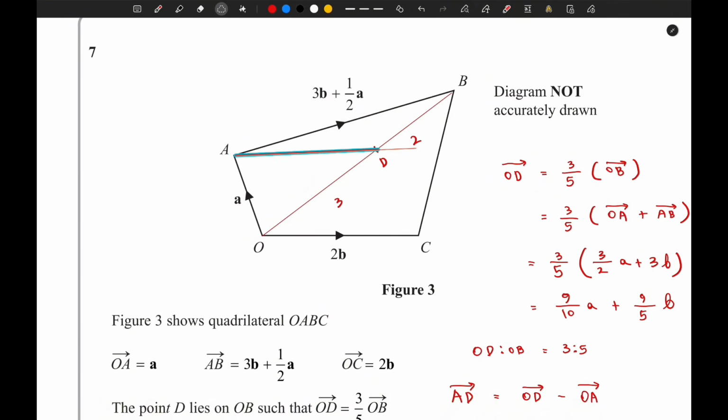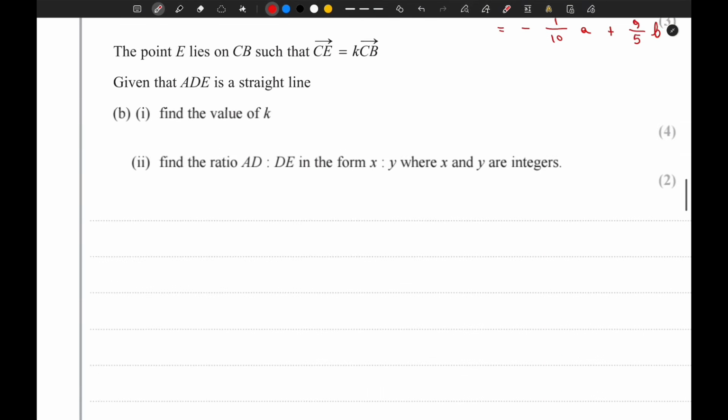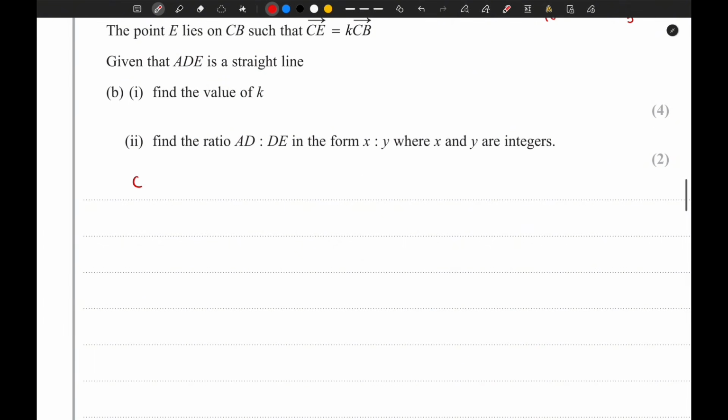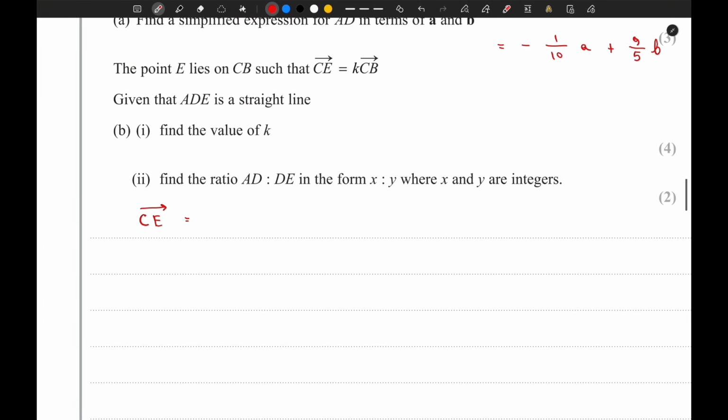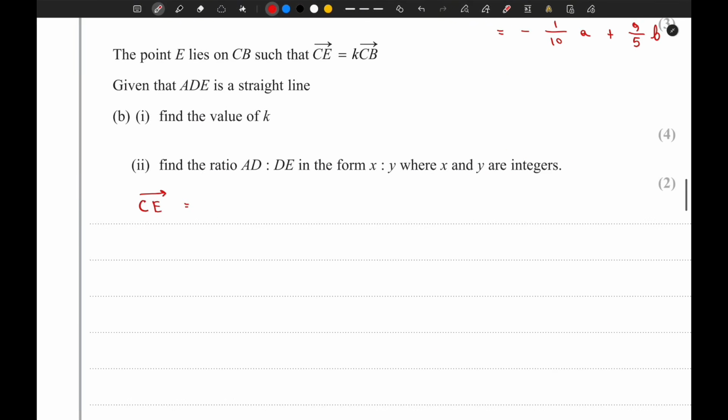The line will look something like this, which means that this is the point E. Now we can say that the CE vector equals k times the CB vector. They have given us the equation.